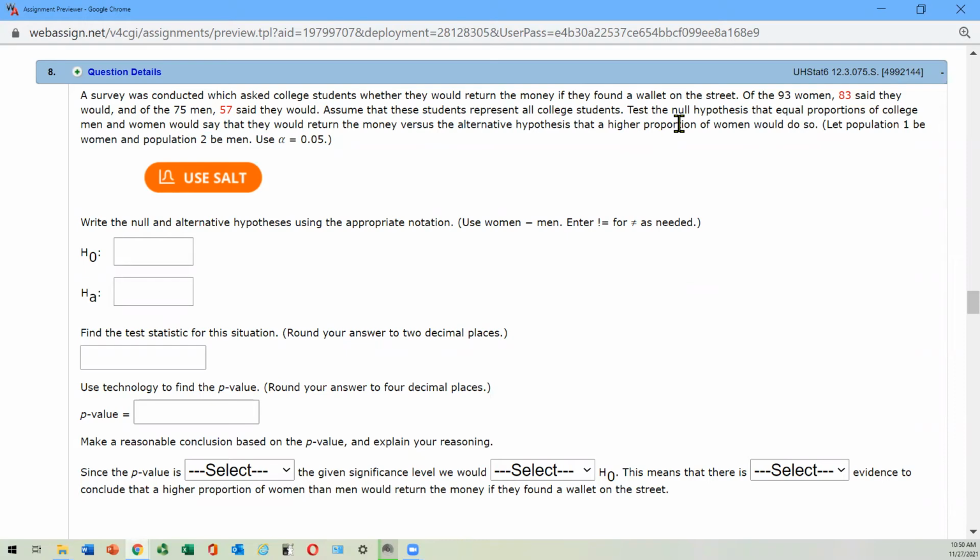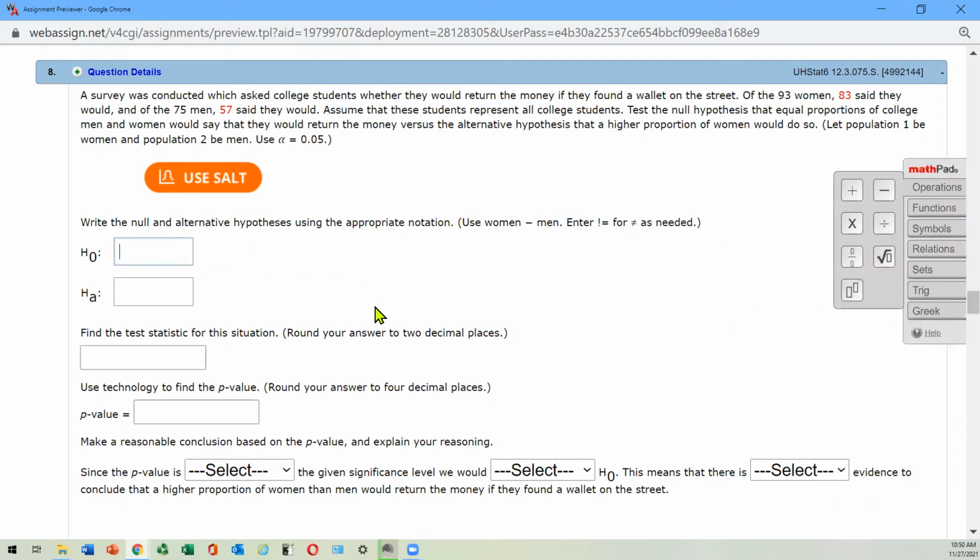And we are going to test the null hypothesis, equal proportions of students who return the money, versus an alternative that a higher proportion of women would do so, and let one be women. Okay, so population 1 is women, population 2 is men.